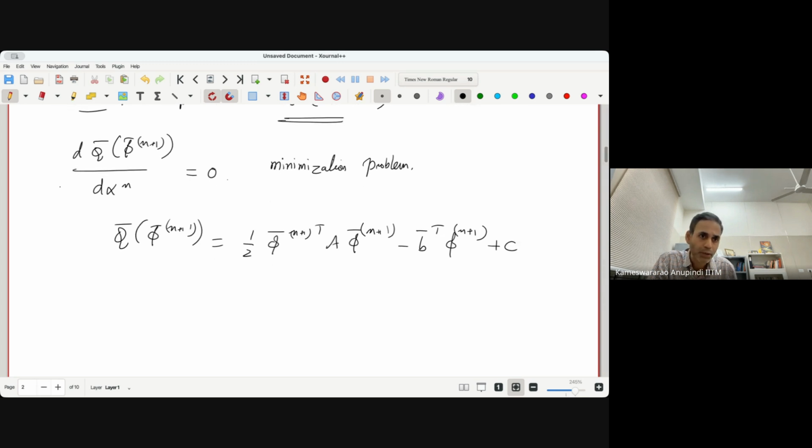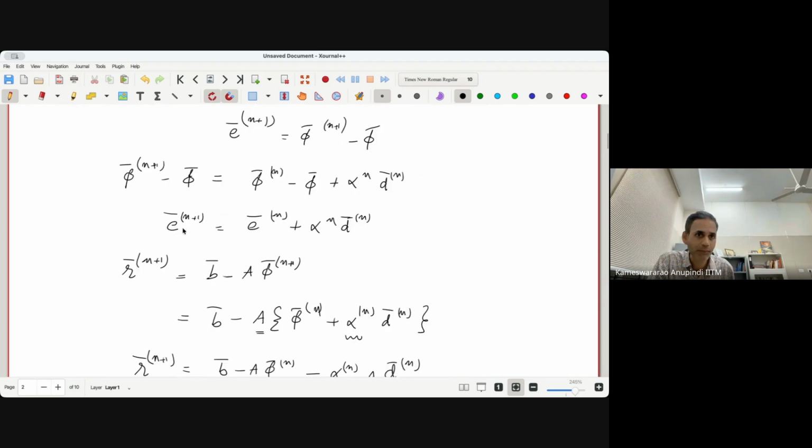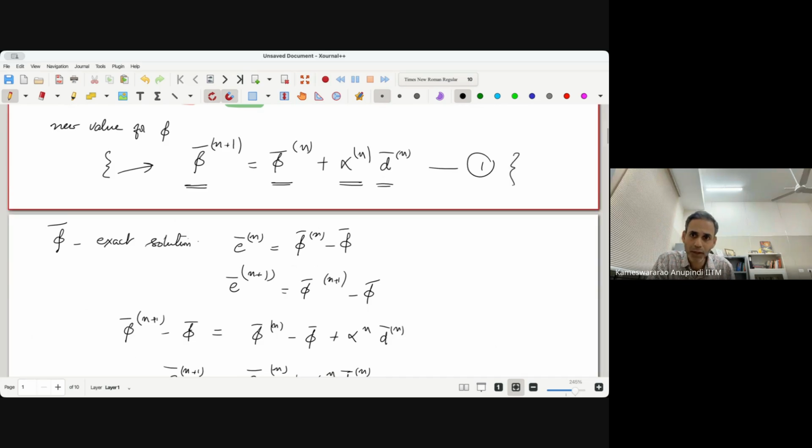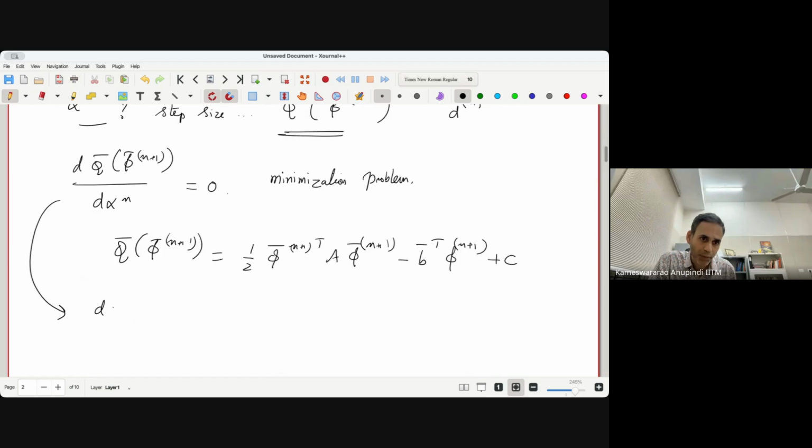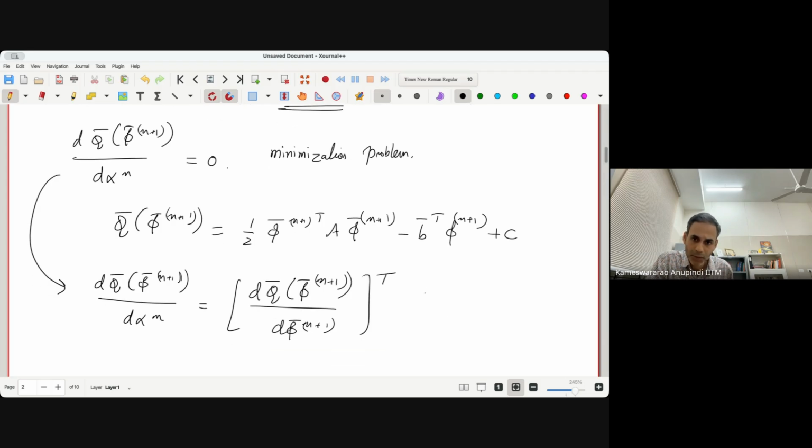Because q̄ is a function of φ̄n+1, and φ̄n+1 is a function of αn as we have written here, we can apply the chain rule and calculate this differentiation just like what we have done before. d q̄ of φ̄n+1 by d αn can be written as d q̄ of φ̄n+1 by d φ̄n+1 transpose, times d φ̄n+1 by d αn, equal to 0.